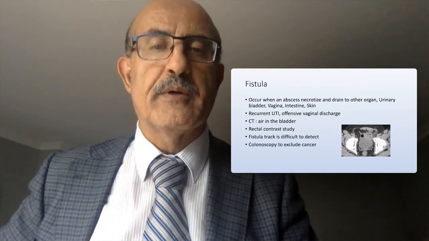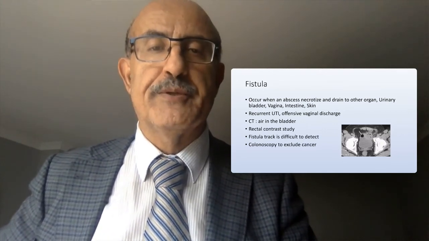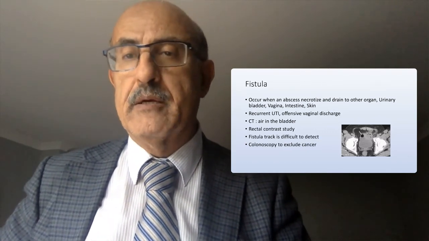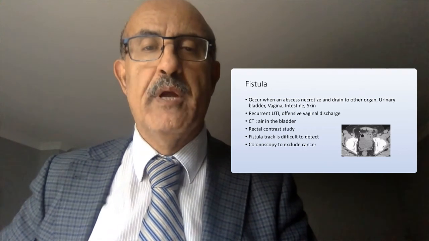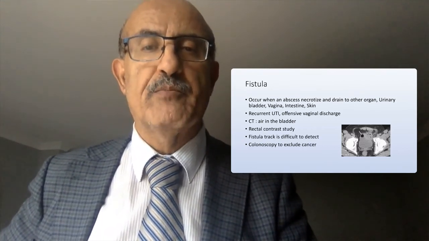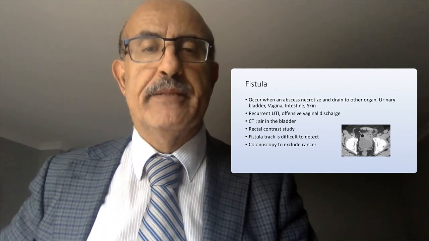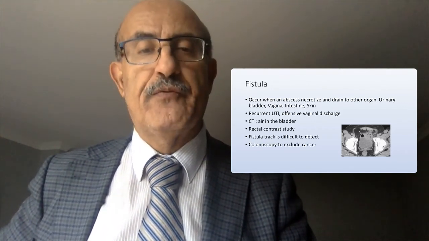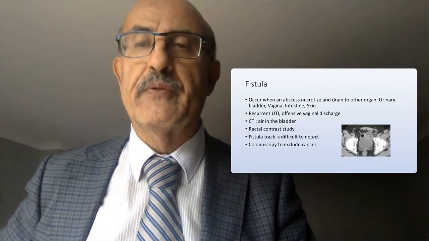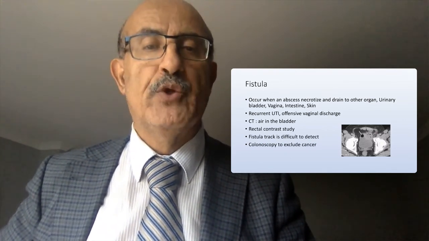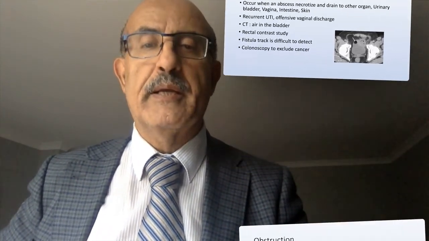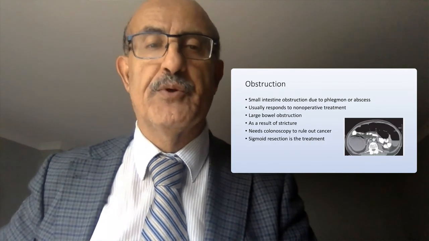And you'll find that at the time of the operation, it's difficult to identify where the exact track of the fistula is, which means that you just do resection of the sigmoid colon, and leave a urine catheter. Even if you don't find the hole in the bladder, without suturing that, leaving the catheter in the bladder for 10 days to 2 weeks will lead to healing of the fistula, and you don't need to do anything more.